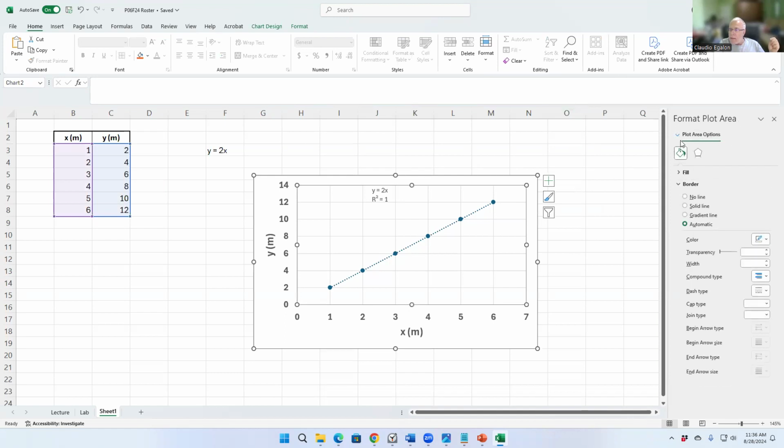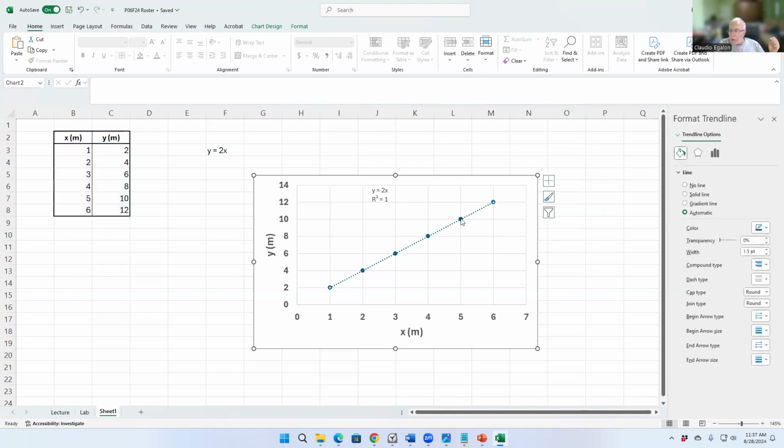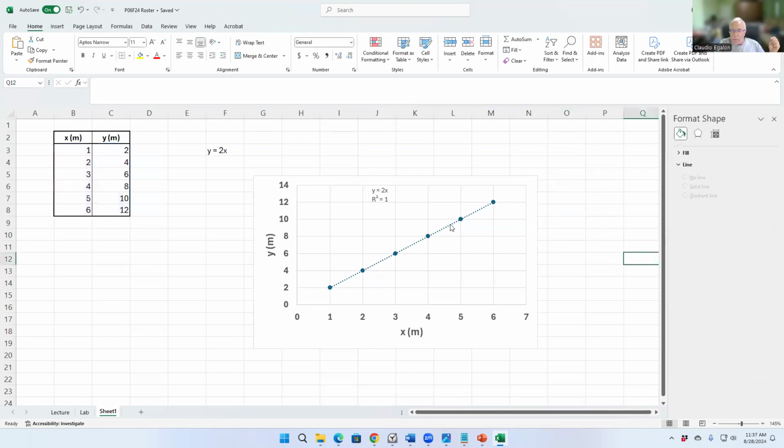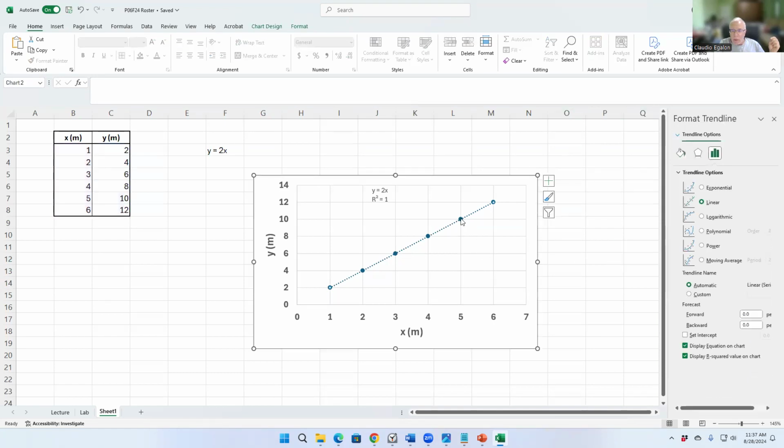Now mine disappeared as well. Let me check here. It just shows a solid line, great. Do you have trend line options at the top? No, but this pane appears on the right side. Is that right?